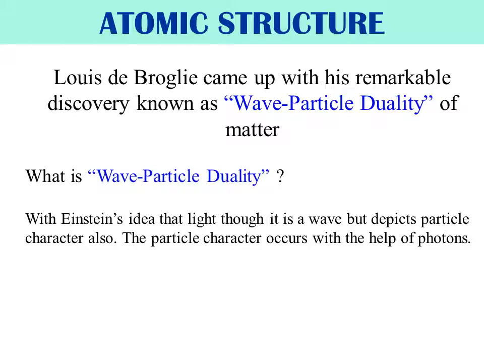Oh my God. But Einstein's idea was not only an idea. Einstein also later on proved that light has particle character. Now, de Broglie was going through Einstein's work, that light is a wave but it's showing a particle character.